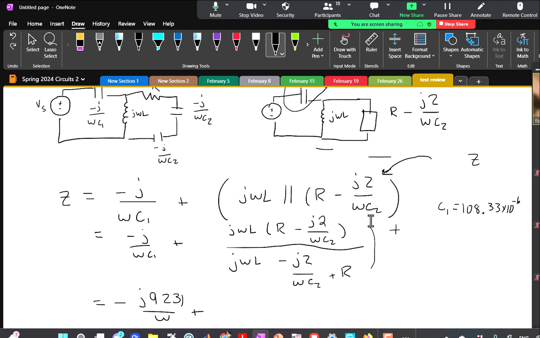So that becomes 2 omega L over omega C2, and the omegas cancel, plus j omega L R over j omega L minus j2 over omega C2 plus R. Okay, so then the 2L over C2 is 2,000.